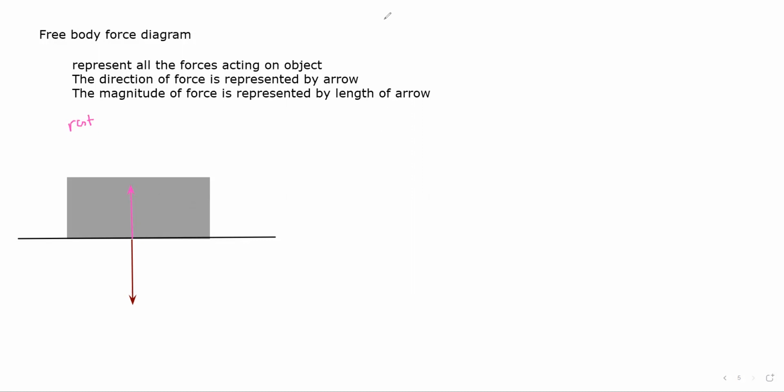But if another object is moving with a constant speed on a horizontal surface, how do we represent it?